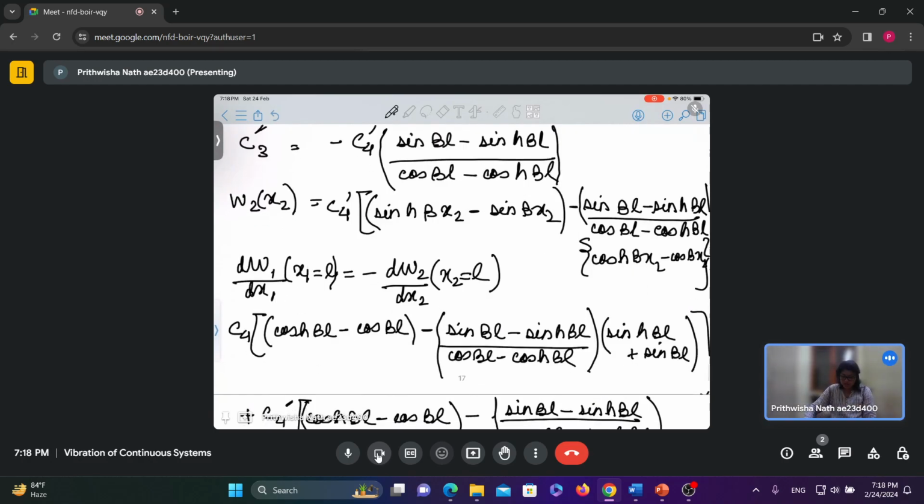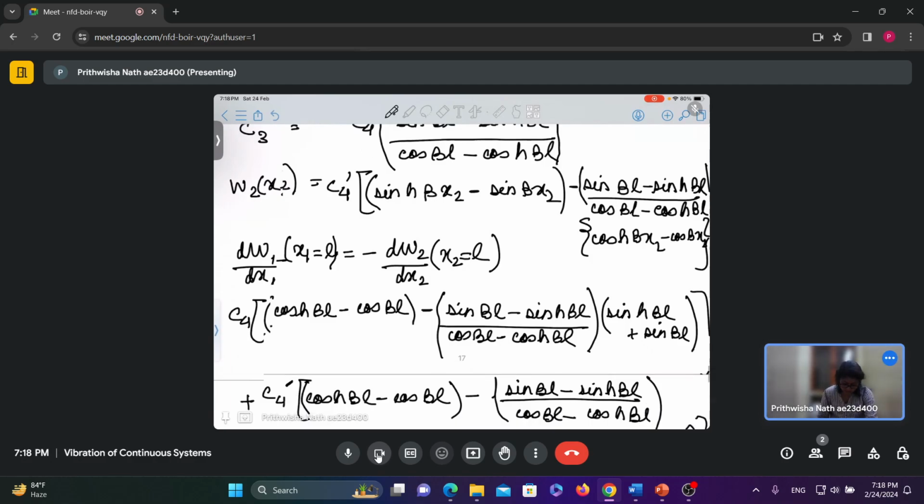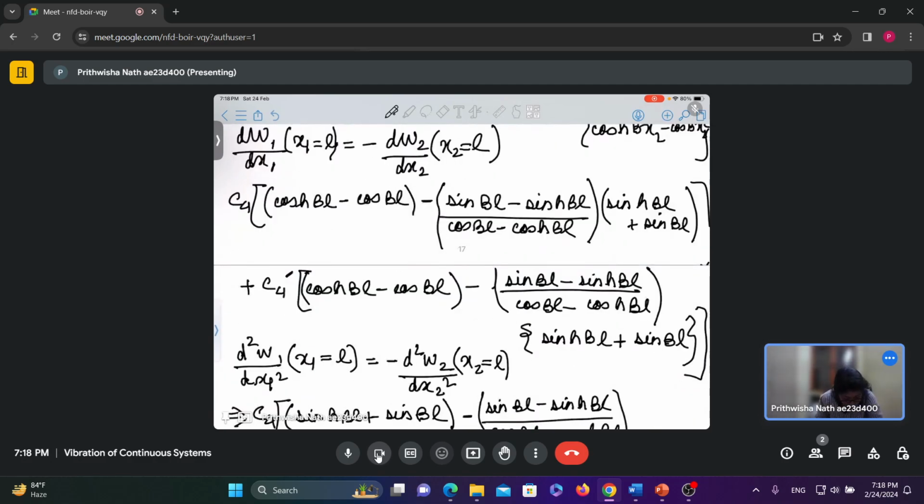Now again I have a condition that the derivative of W1 with respect to x1 at x1 equals L equals minus the derivative of W2 with respect to x2 at x2 equals L. By rearranging, we get this equation in terms of C4 and C4 prime.